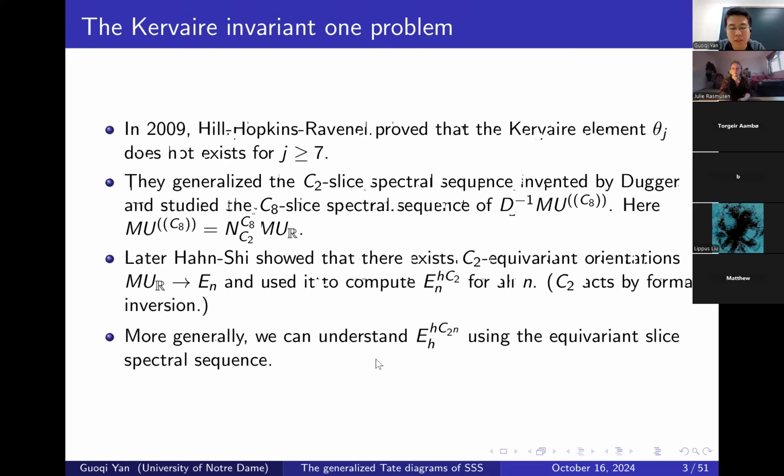More generally, we can also understand the C_{2^n} equivariant homotopy fixed points of E theory using the equivariant slice filtration. So this equivariant method gave us a way to compute something in chromatic homotopy theory.